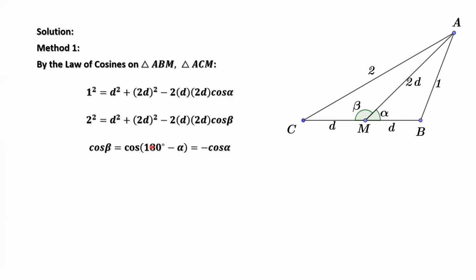Cosine in the second quadrant is negative. Therefore, cosine beta equals negative cosine alpha. We can replace cosine beta by negative cosine alpha in this second equation. Therefore, we have the following two results.